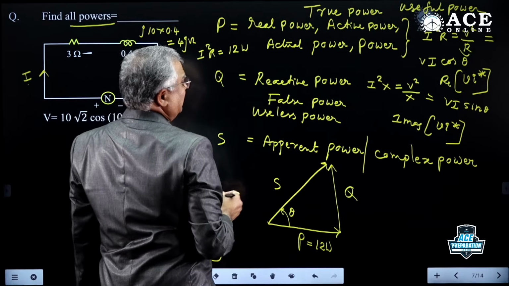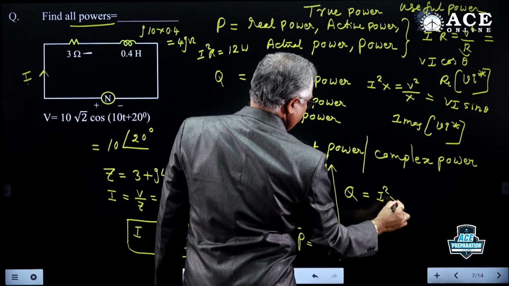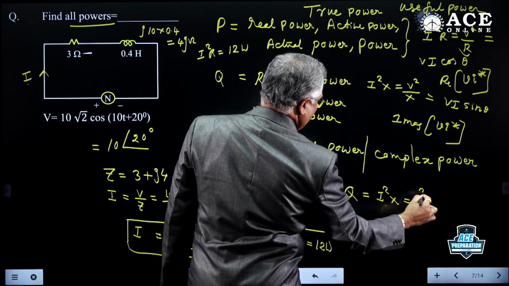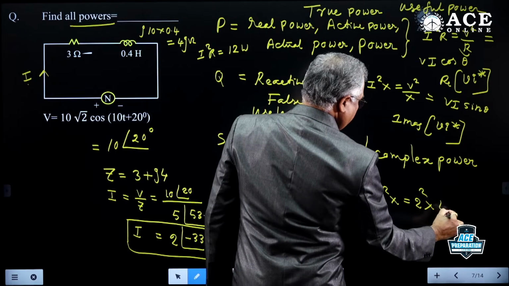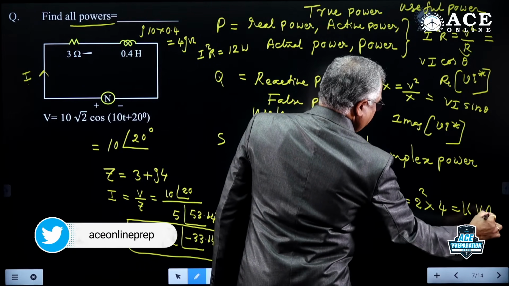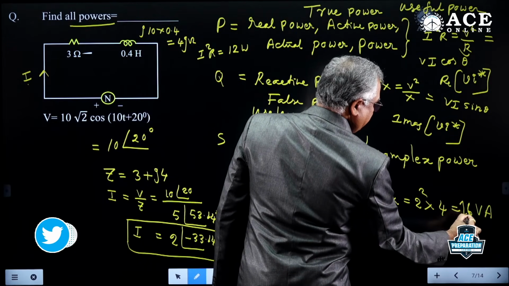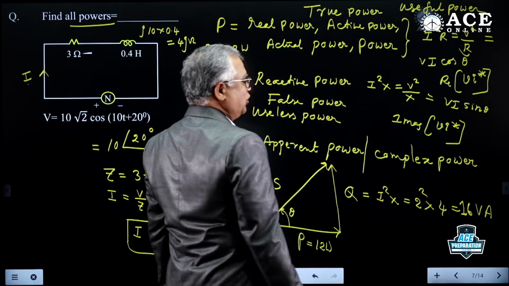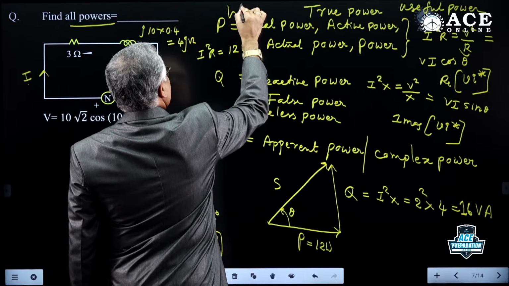Then Q is what? I square X. So what is I square X? Again 2 square into reactance. Reactance is only 4. So 16 volt ampere. Units are different here. 16 VA reactive. P units are watts.